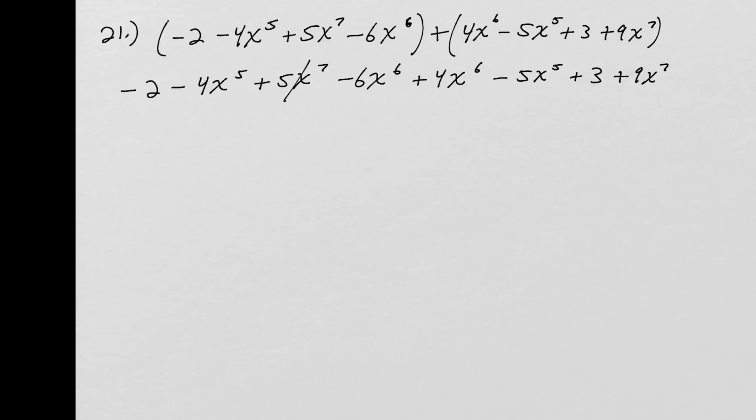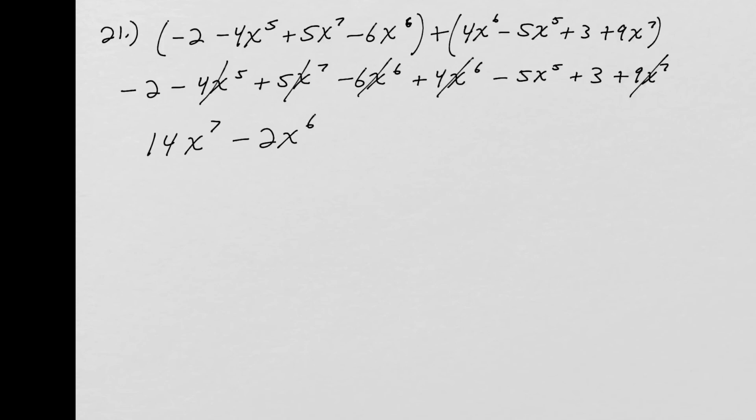So I have a 5x to the 7th plus 9x to the 7th. So 5 plus 9 is what? 14x to the 7th. The next highest is the 6th power, right? So negative 6x to the 6th plus 4x to the 6th. So negative 6 plus 4 is negative 2x to the 6th. Then looks like the 5th power, right?